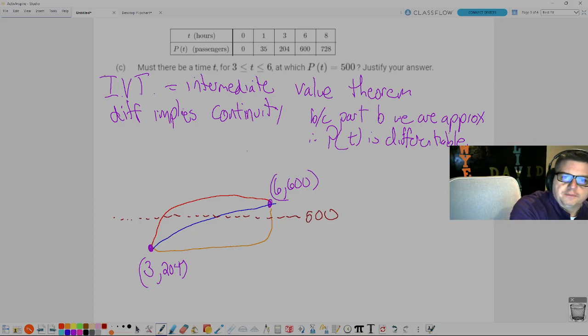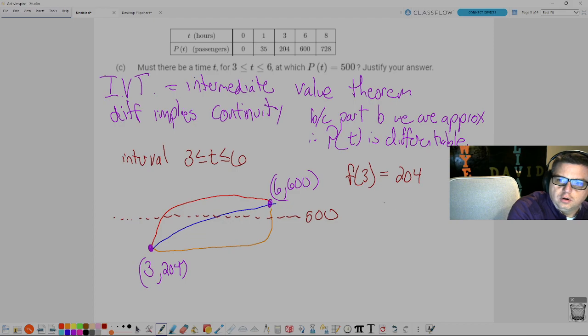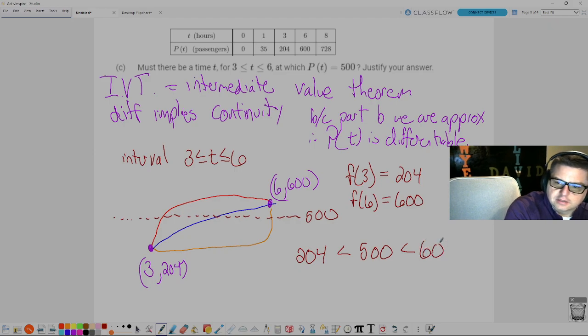So we want to say the interval is from 3 to 6, and f of 3 is equal to 204. F of 6 is equal to 600, and 204 is less than 500 and is less than 600.